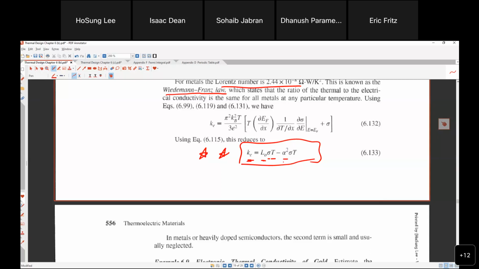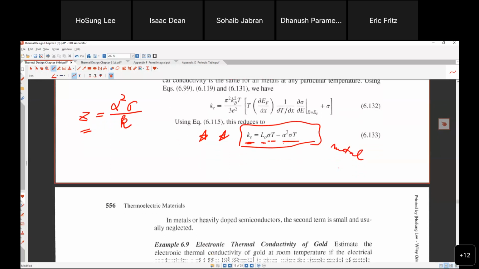So anyhow, we try to have a higher Seebeck, and it's better because the figure of merit is alpha square sigma over k. So the smaller k is, the better. Okay, so this still matters.